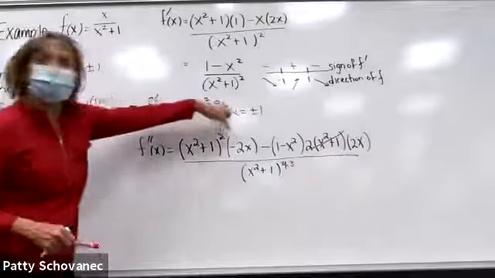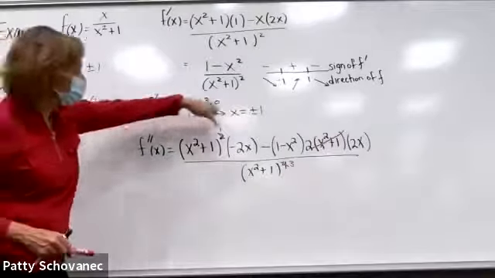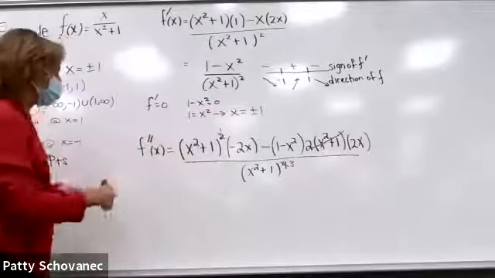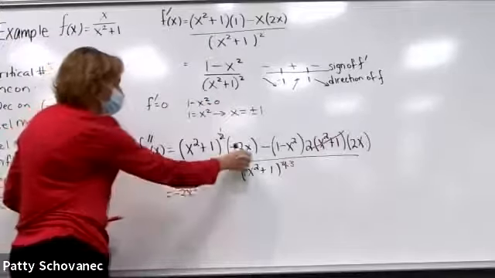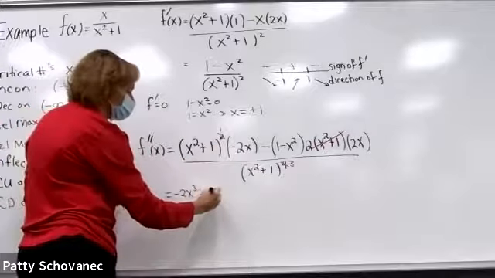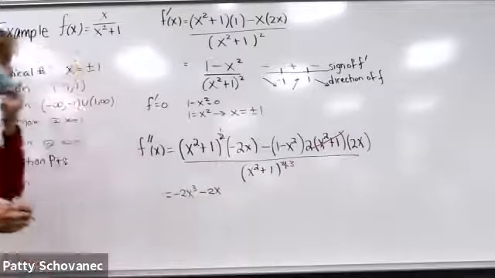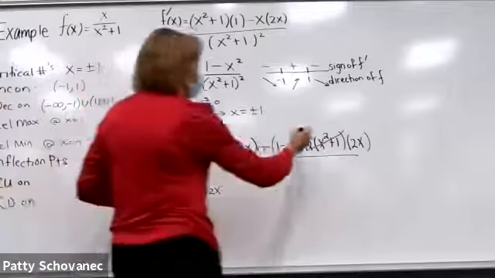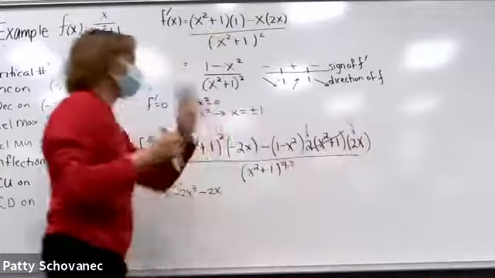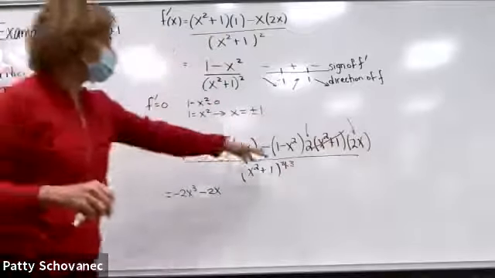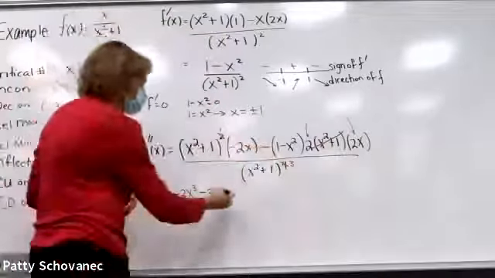So this is to the first power. I can send the negative 2x through the parentheses, and I'm going to get negative 2x cubed minus 2x. Back here, I have this 2, this 2x to give me 4x, and I'm going to send that through this parentheses.